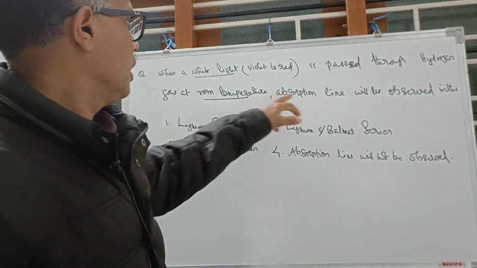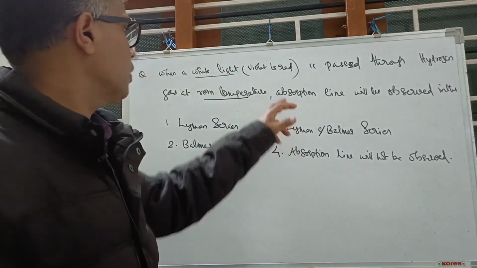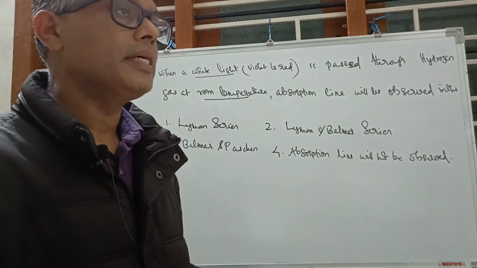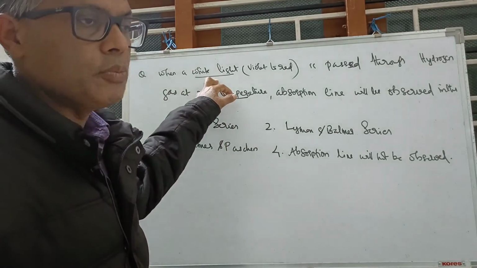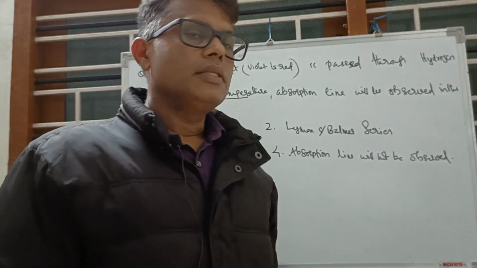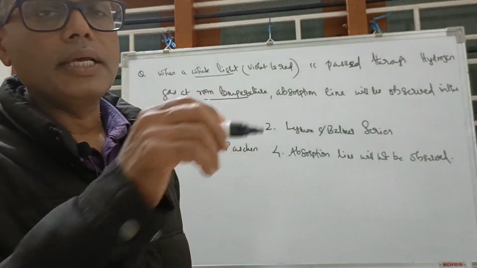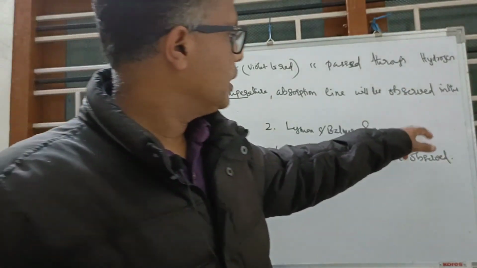Room temperature, absorption light will be observed. You know that one, absorption light, emission light will not be there, absorption light will be there. But these two things are there: the white light is passing at room temperature. Normally you see, in the absorption spectrum there will be an electron volt requirement to jump from a state.